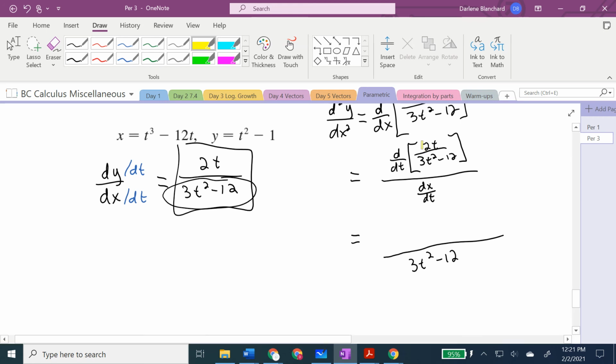To take the derivative, I'm using the quotient rule. Low d high minus high d low. Square the bottom and away we go.